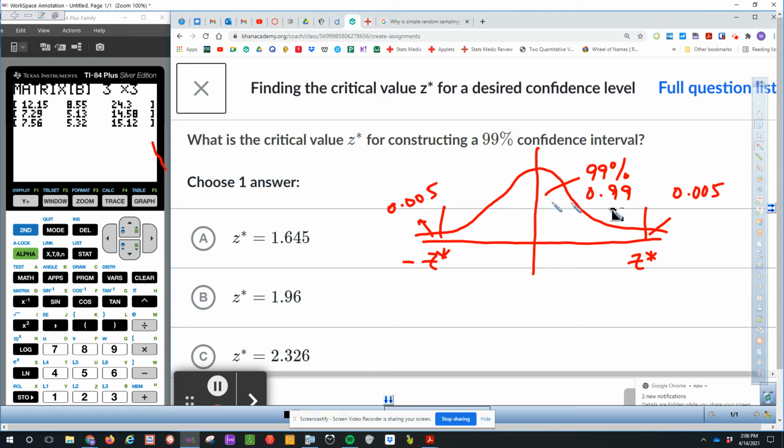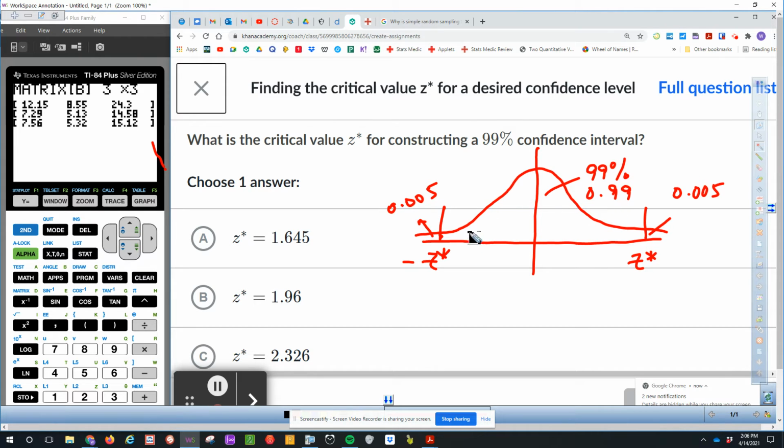So if you add this and this and this, it will give you 1, which is 100%. So z star is this value here, negative z star and positive z star. They are both the same value, but one is negative and one is positive because it's symmetrical.